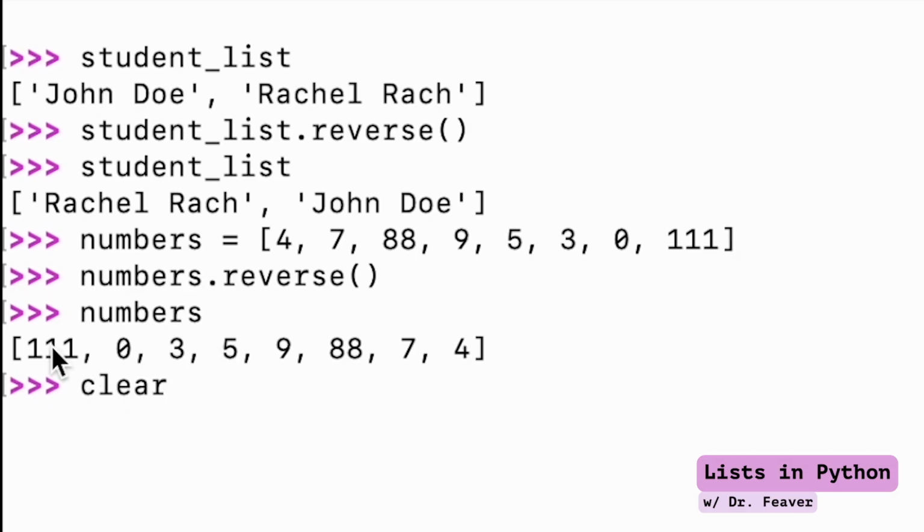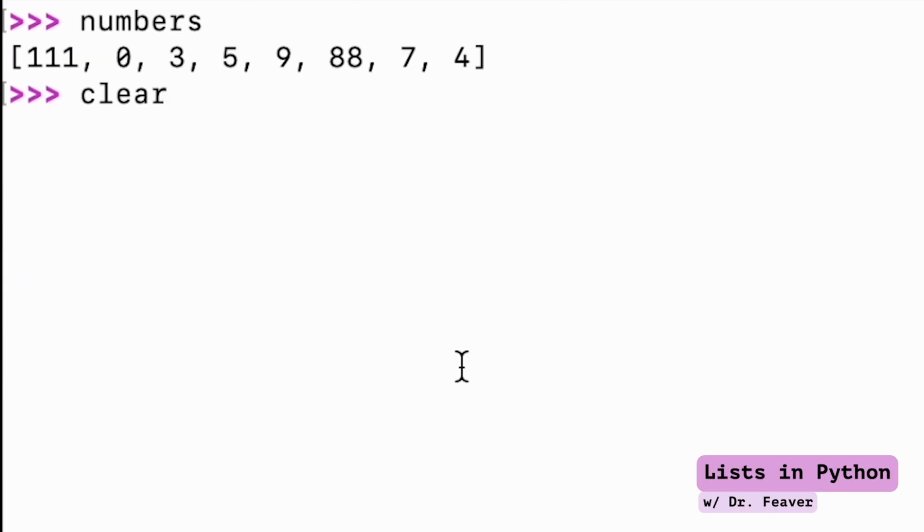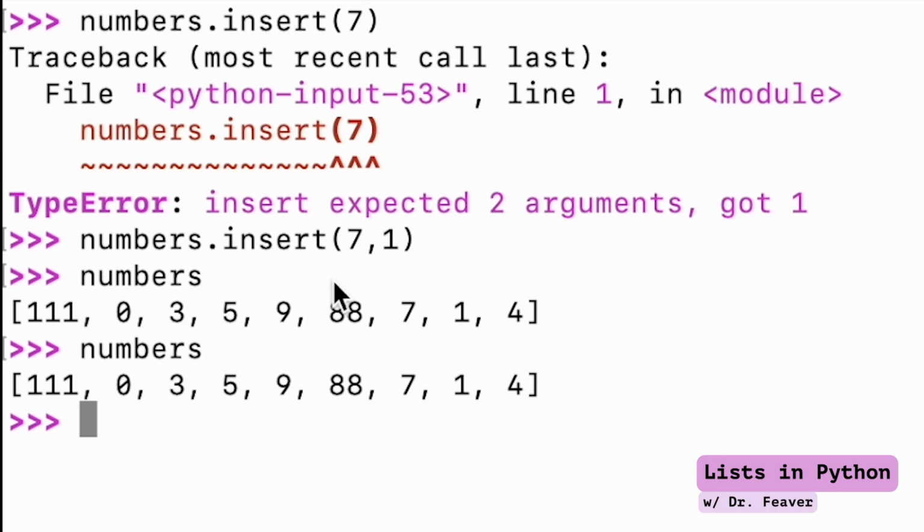Also, let's count up the indices. So this is 0, 1, 2, 3, 4, 5, 6, and then right here the 4 is at position 7. So when I say numbers.insert(7, 1), it's going to look for the 7th position and insert a 1 in there.